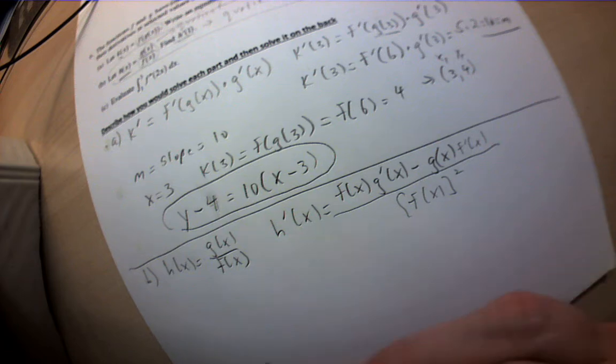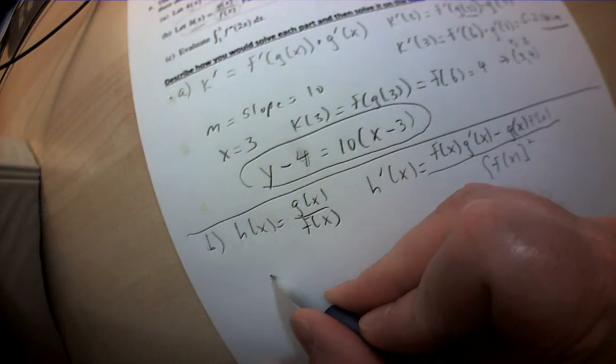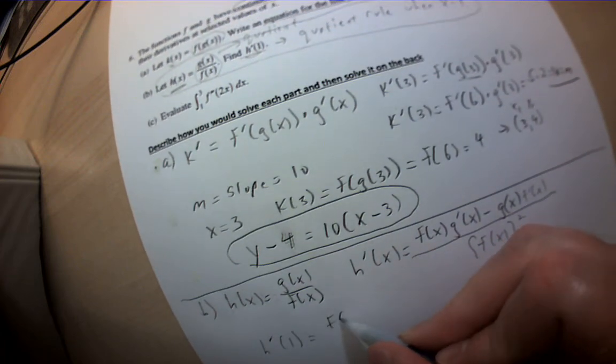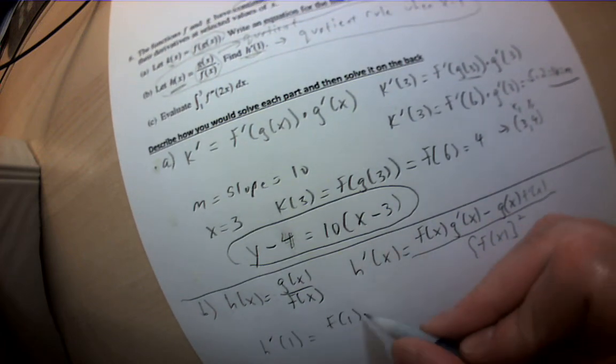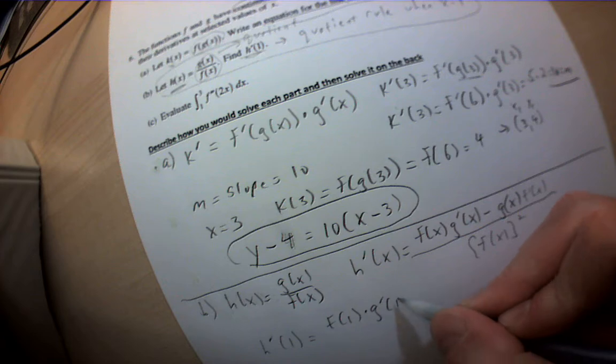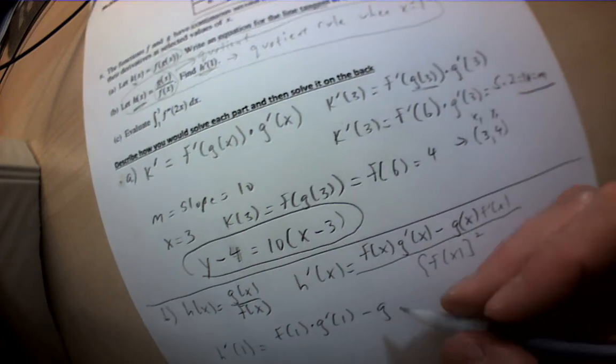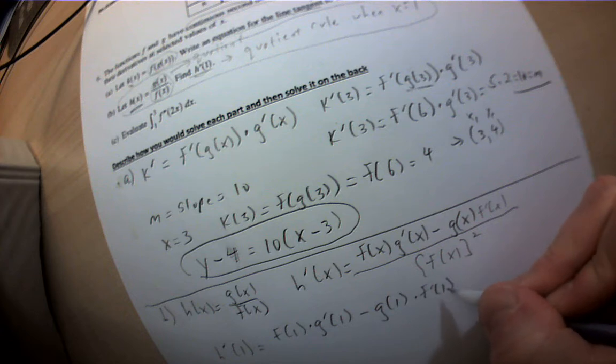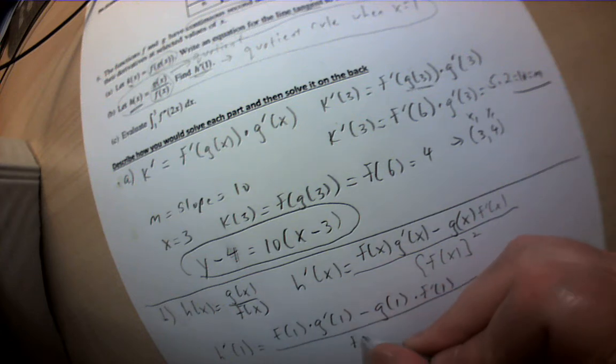So guys, that's the derivative. So h prime of 1, I get f of 1 times g prime of 1 minus g of 1 times f prime of 1 all over f of 1 squared.